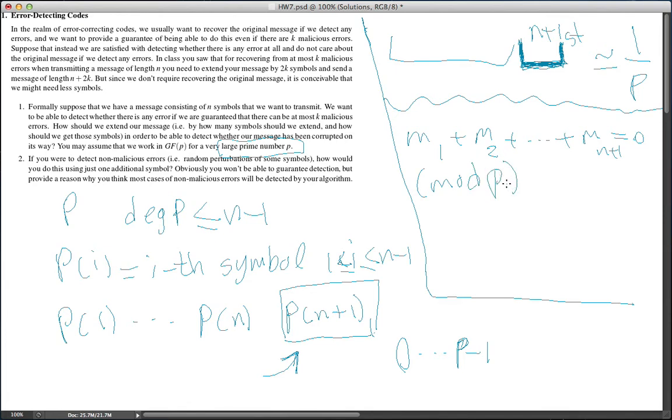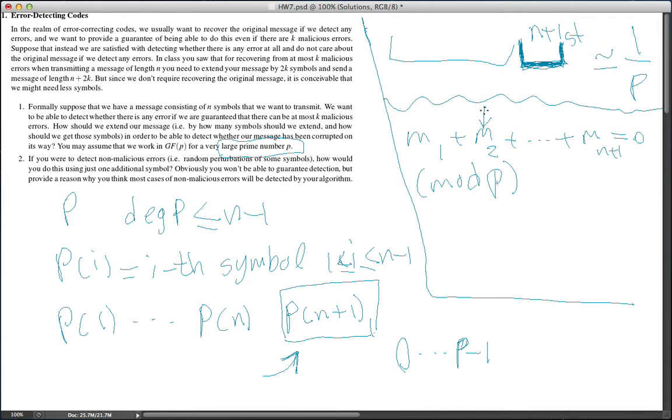Then if some random errors happen at some points of our symbols, the sum of our symbols is going to change by how much? It's going to change by some random numbers that are added together, right? Let's say that m2 is changed. m2 is going to be changed to another symbol purely randomly, right?